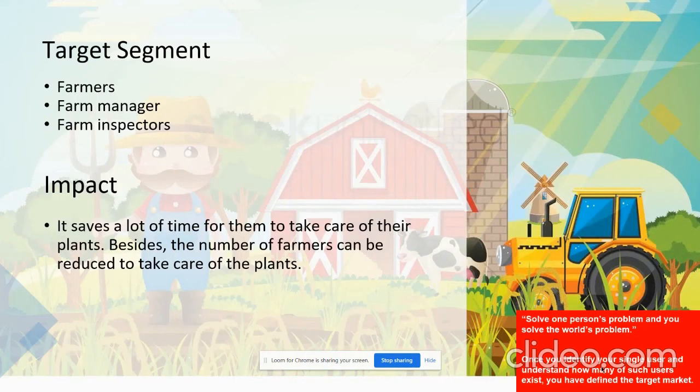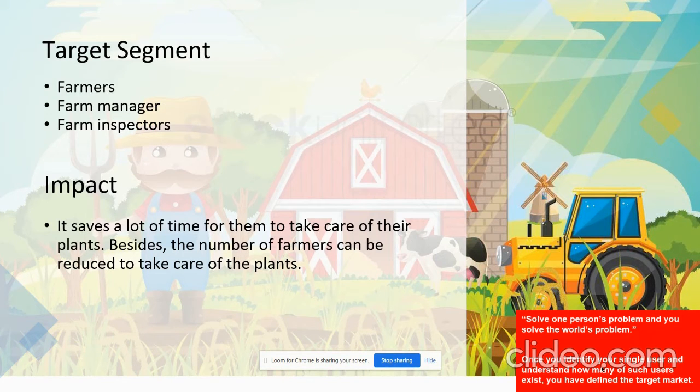With this solution, the target segment is farmers, farm managers, and farm inspectors. As for the impact, by using this solution, they will save a lot of time taking care of their plants. Besides that, they can reduce the number of workers needed to observe or maintain the plants.